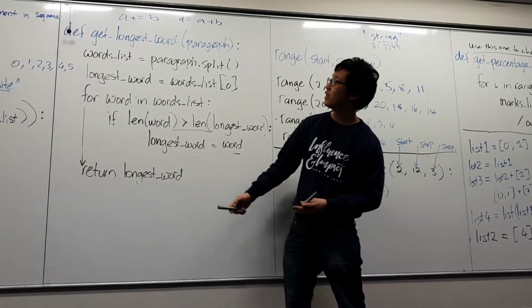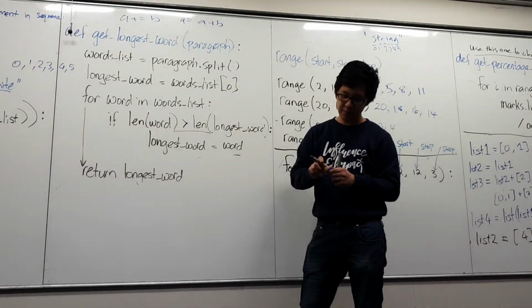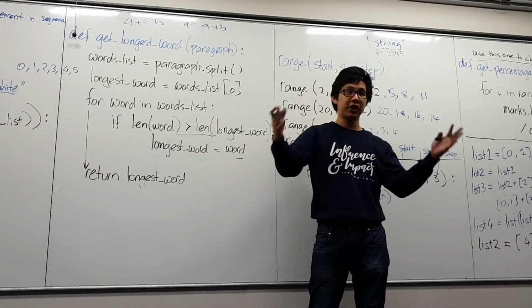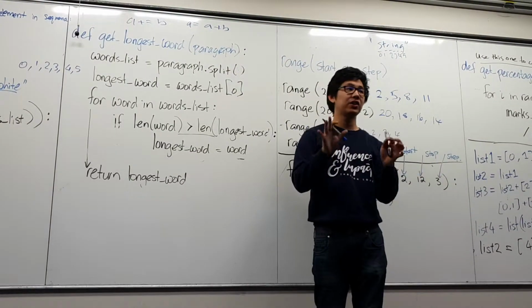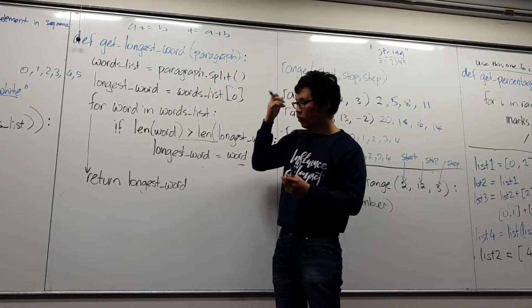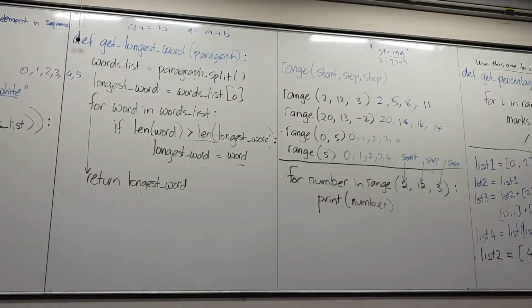And the way we do that is with a new string method, dot split. If I were to do dot split with nothing inside the brackets, it would take my string and split it into a list by removing all of the white spaces. So let me give you an example.